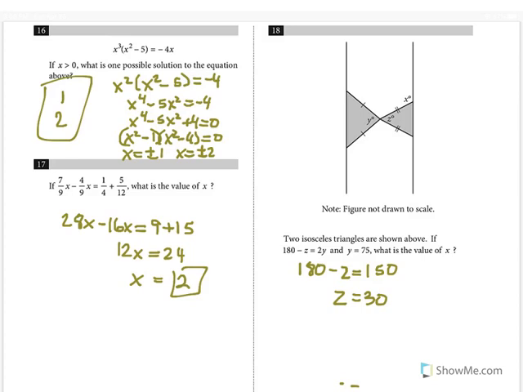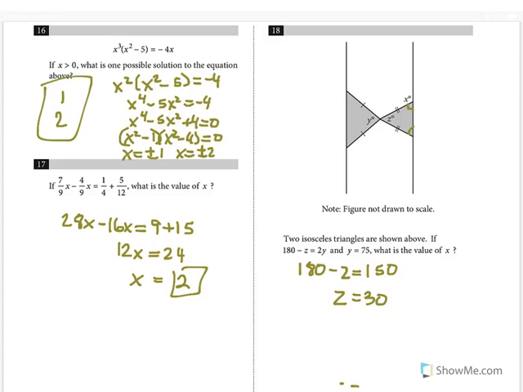Now we are given the information that we have two isosceles triangles. Isosceles triangles, of course, means that two of the sides are congruent in length, which means that their opposite angles are congruent in measure. So the angle here and angle here, those two angles are congruent, because each angle is opposite the congruent side.